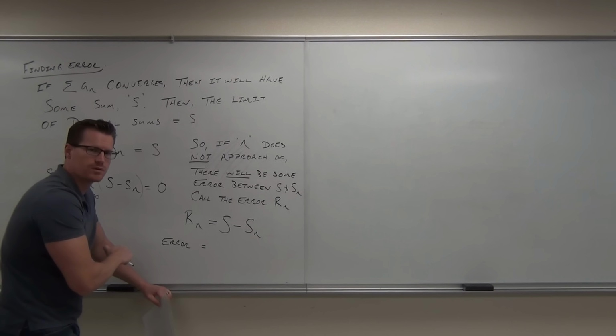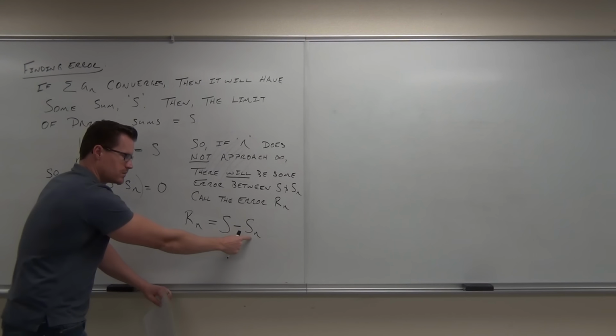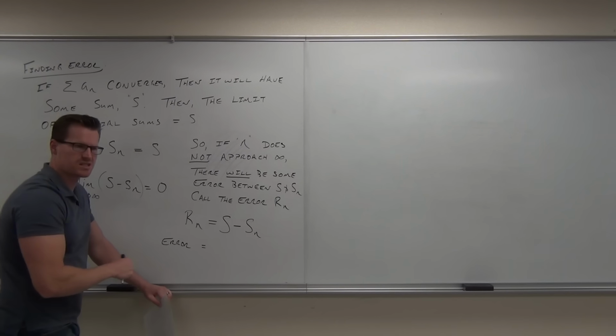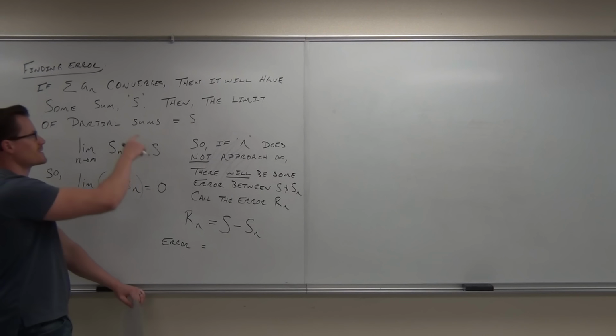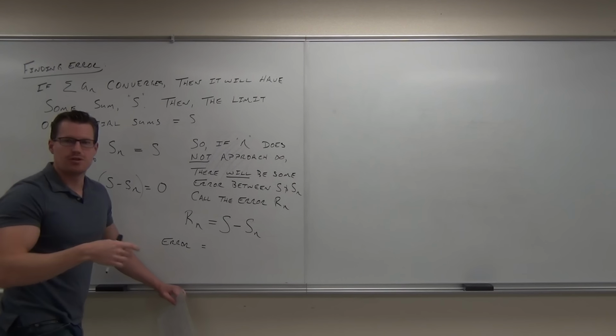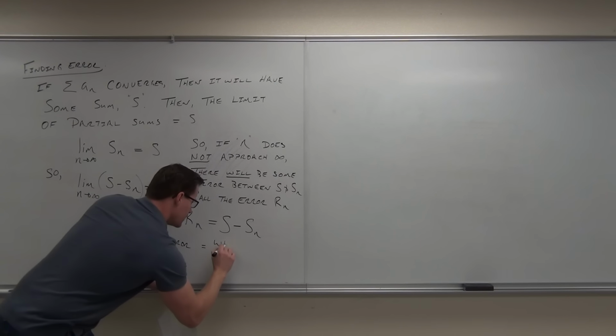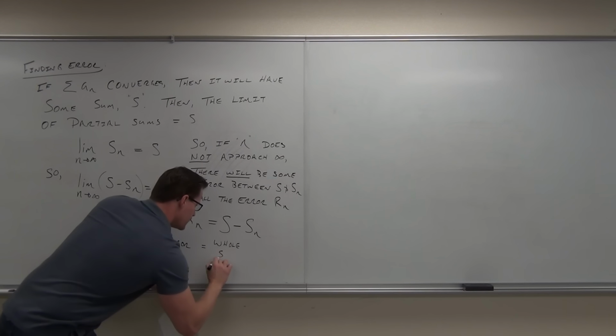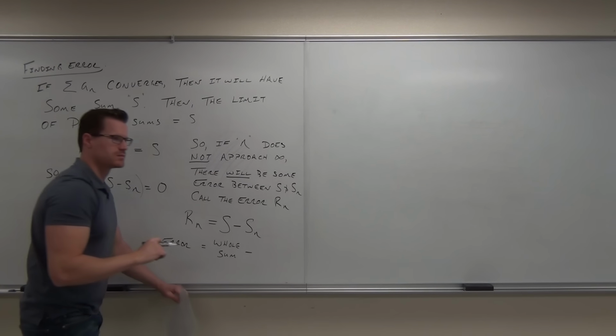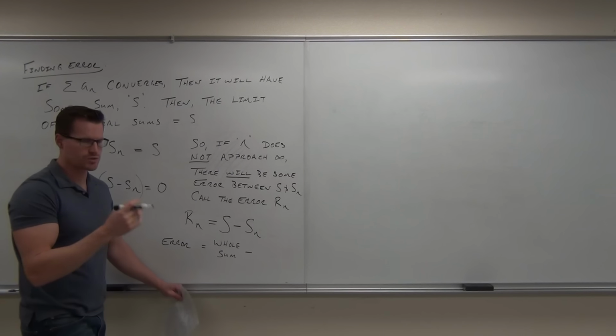Sum of? Partial sum? No, that's S sub n. That's the sum of the series. So this would be the idea of the whole sum, the sum of the series, the whole thing. So the whole sum minus part of the sum. That's a partial sum, part of the sum.